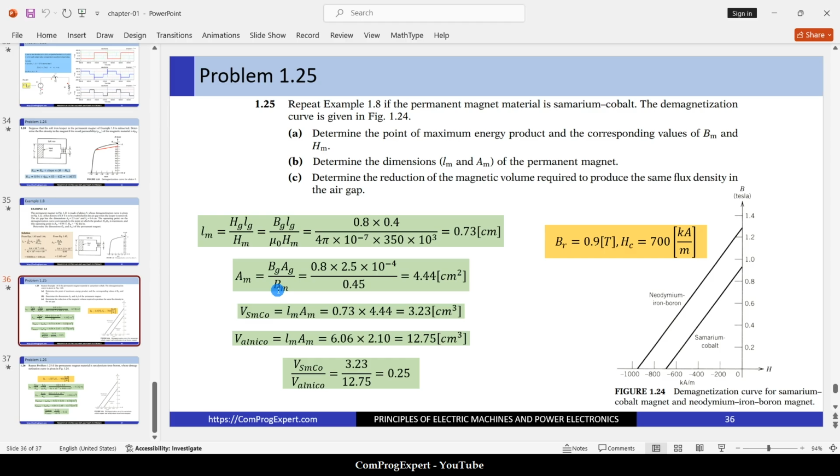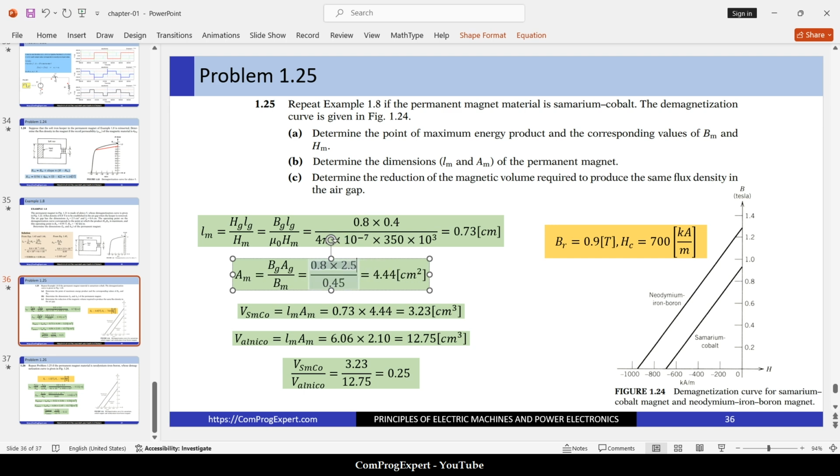You know that we can have these numbers: 0.8 Tesla for the B gap. The area of the gap is 2.5. I should delete this one, or this is when you want to calculate this quantity in meter square.